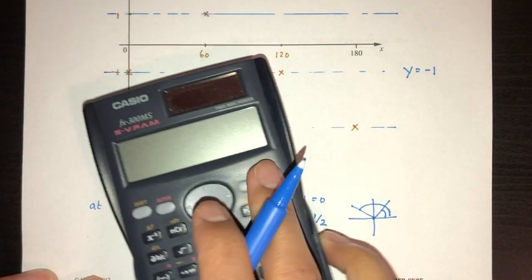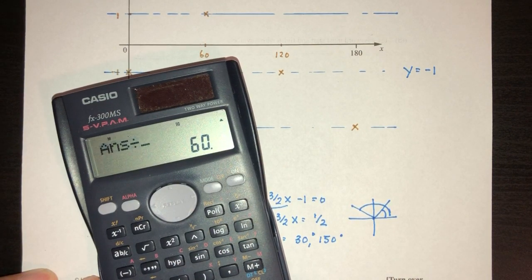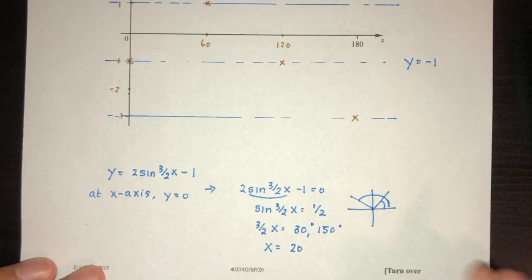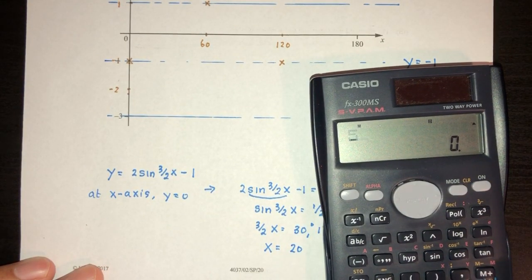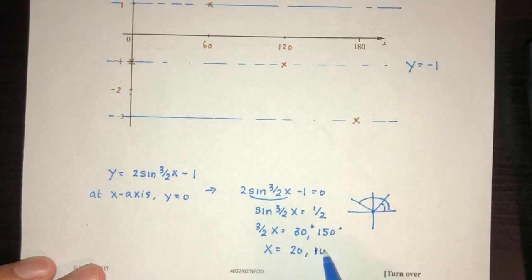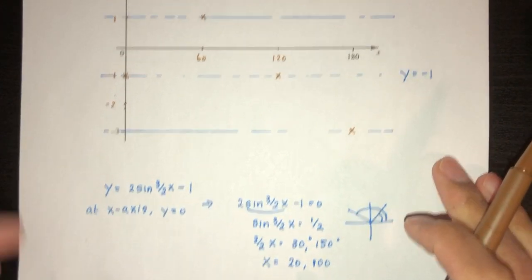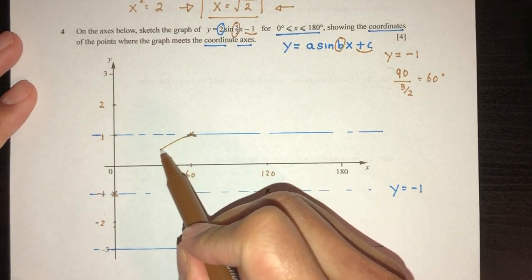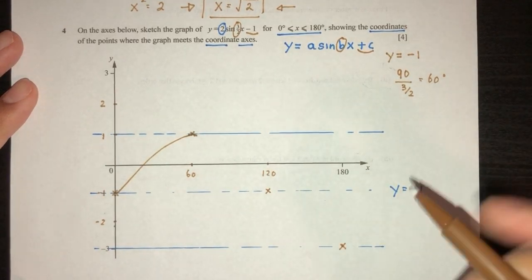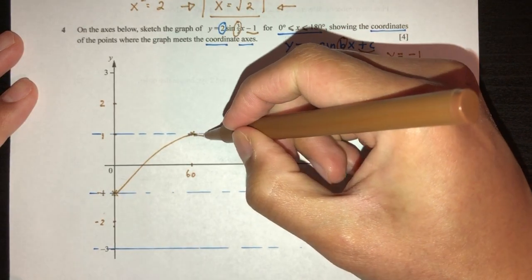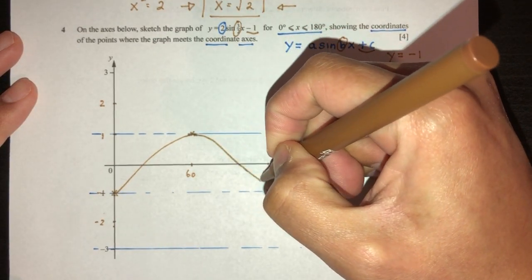X will be what value? 30 times 2 divided by 3, that will be 20. And also let's write this one, 150 times 2 divided by 3 will be 100. Okay, so let's first join the curve and then mark those 2 points on your axis. Now this one will be this one, and this one has to be something like this.